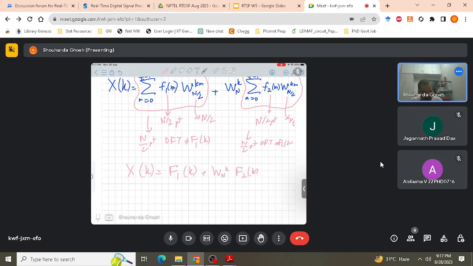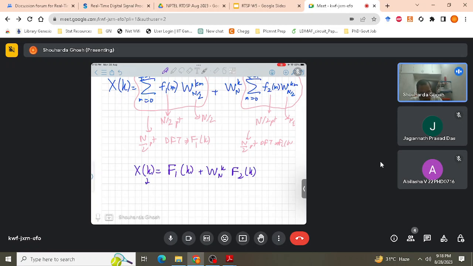So now what happens over here is that, oh sorry for this, I should have cleared this. X of k is f1 of k plus W_N to the power k f2 of k. But there's a little confusion.